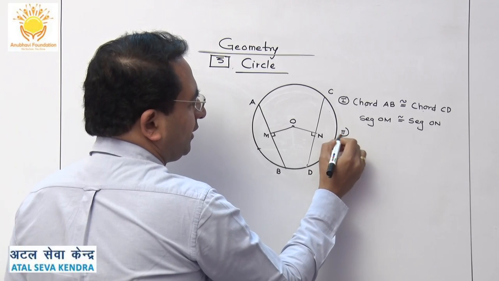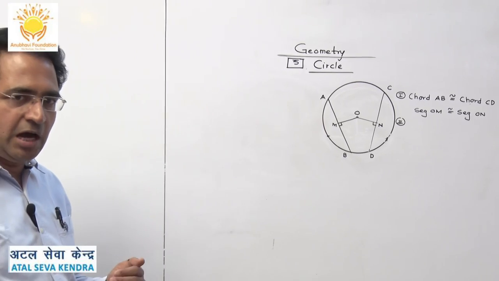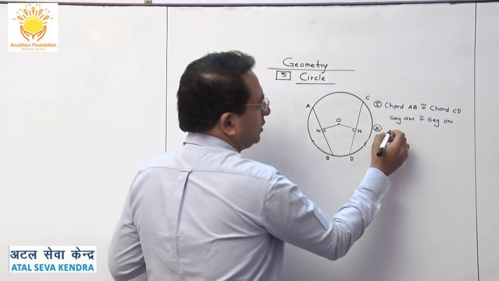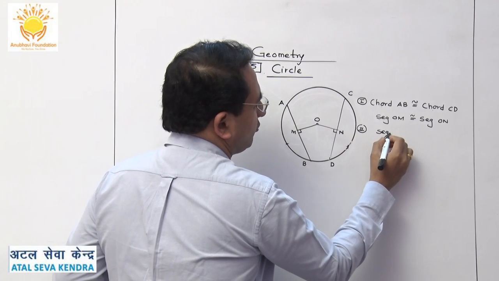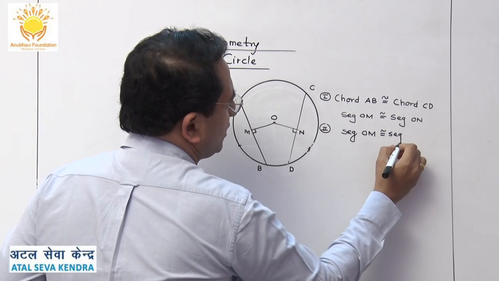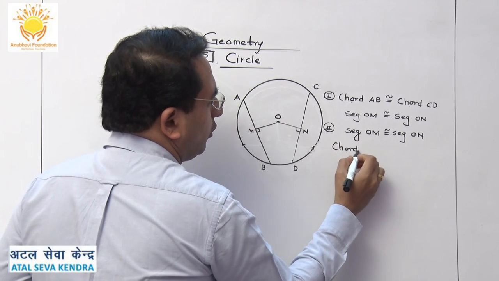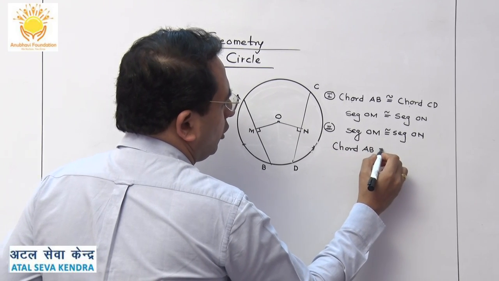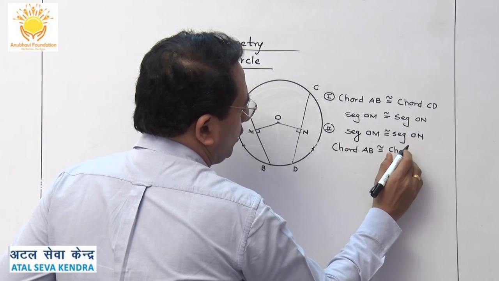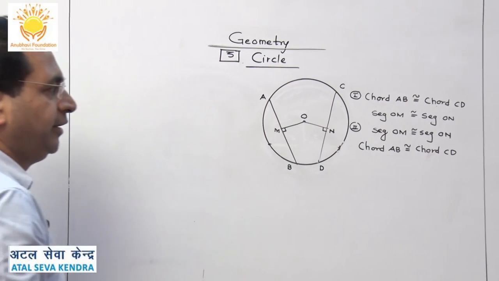Now the reverse of that. Suppose there are two chords of the circle which are equidistant from the center. That means we can write that in a reverse way. Segment OM, if suppose it is congruent with segment ON, then the chord of length AB and the chord of length CD are equal. That means we write chord AB is congruent to chord CD.